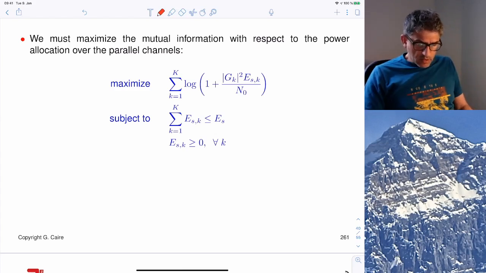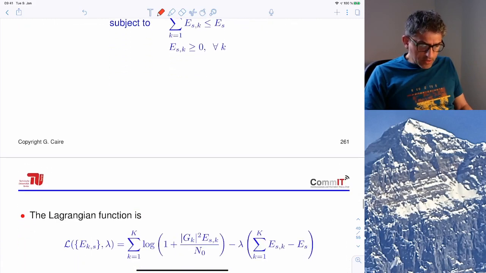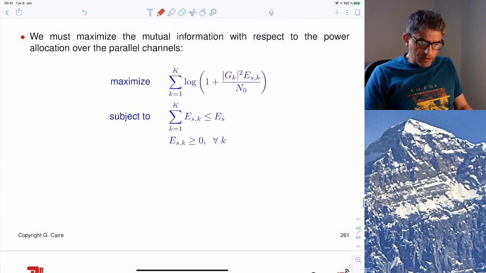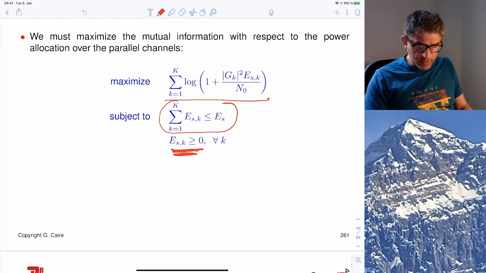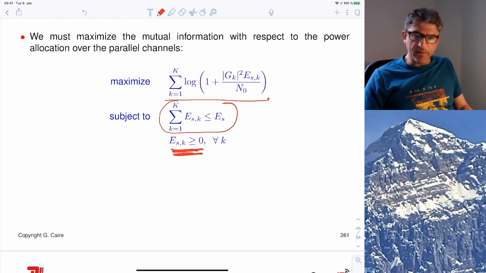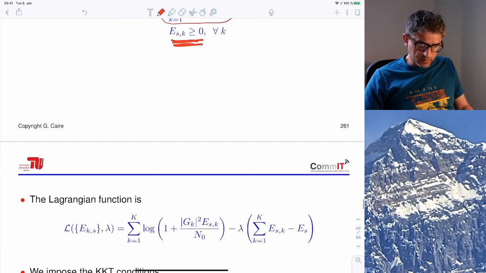So we write down the partial Lagrange function for this problem by taking the objective function and subtracting lambda, which is the Lagrangian multiplier, times this constraint. And then we deal with the non-negativity constraints by discussing what happens at the boundaries of the domain.